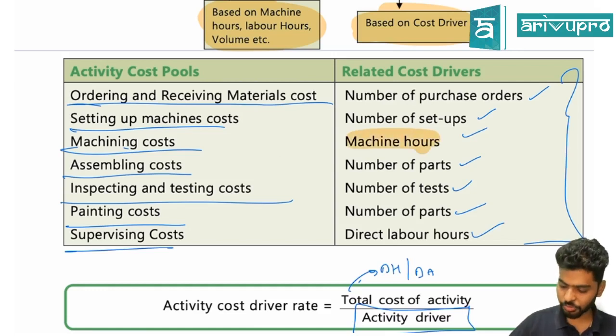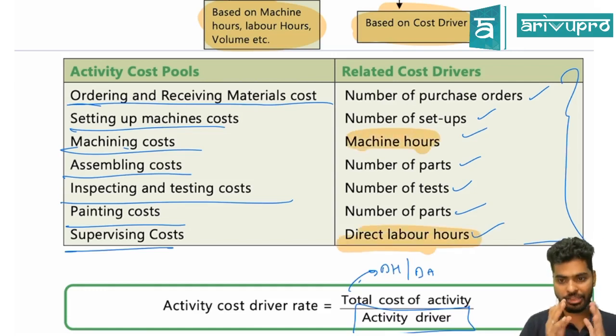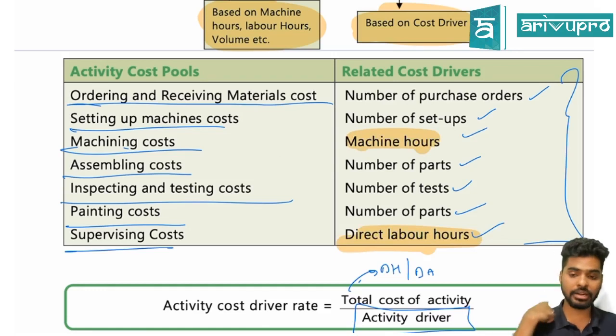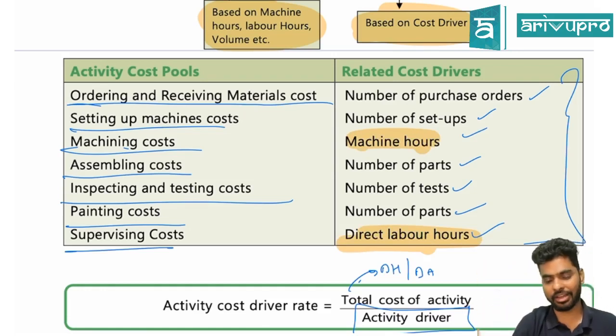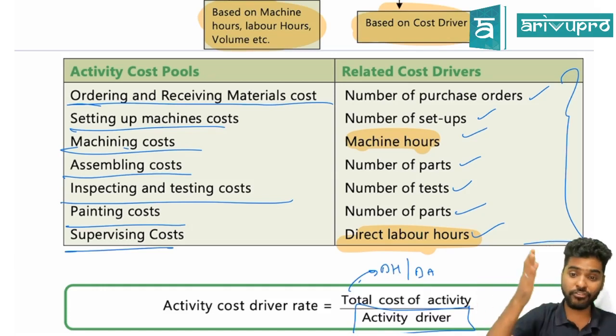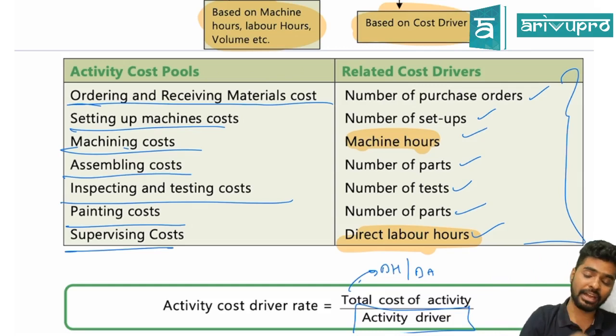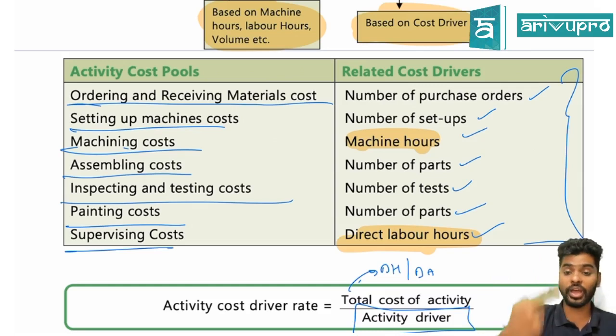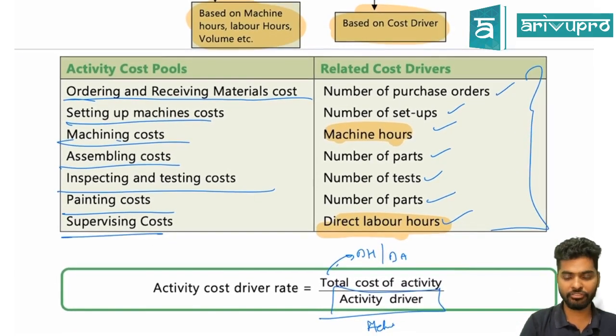I would still use machine hours and labor hours, but under my overhead absorption rate, I used to take everything under only one rate, either machine hours or labor hours. Here for every single activity, I'm going to find the drivers where the cost is going to change, and based on it, I'll be allocating the cost. This table is important. If you know this table, more or less your exam question is done.